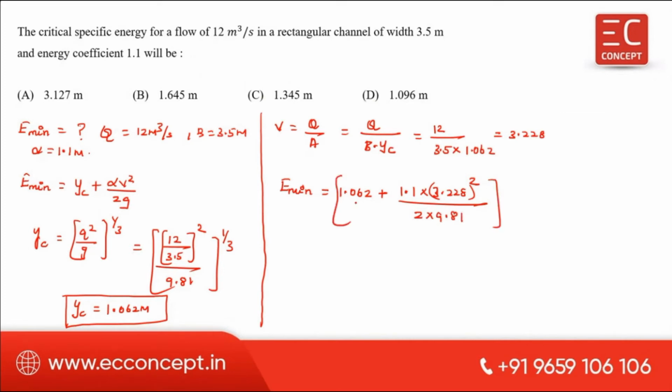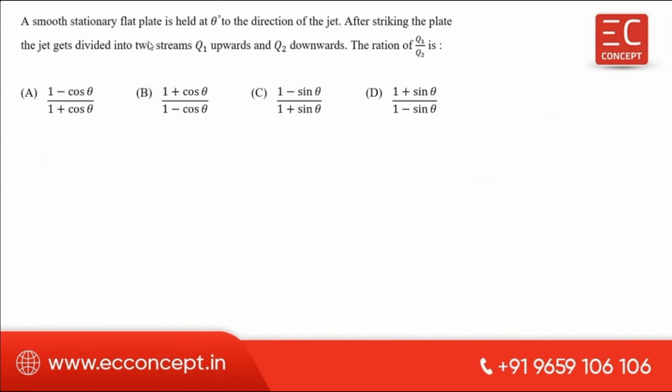So the answer for this is 1.1 into 3.228 square divided by 19.62 plus 1.062. So E minimum is equal to 1.646 approximately meter. So obviously the answer for this question is B. Okay, so this is the answer. Now we can move further.